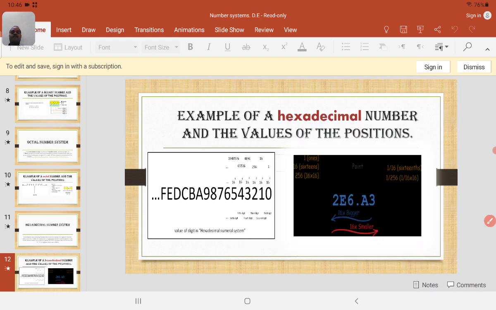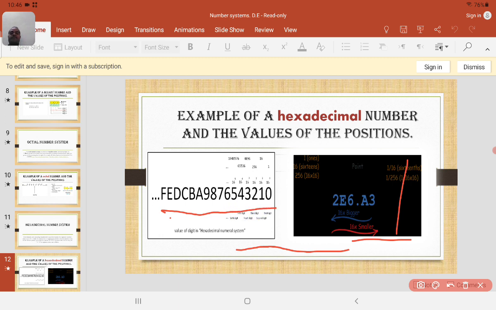The example is FEDCBA987654 and 0, 1, 2, 3 up to F. A means 10, B means 11, C means 12, D means 13, E means 14, and F means 15. So 0 to 15 means a total of 16 symbols are present, so the hexadecimal number system has a base of 16.